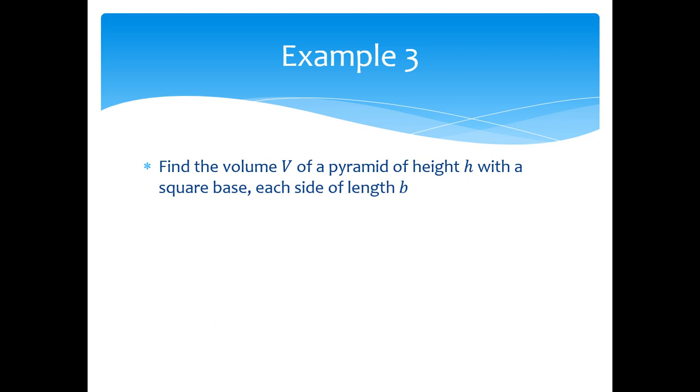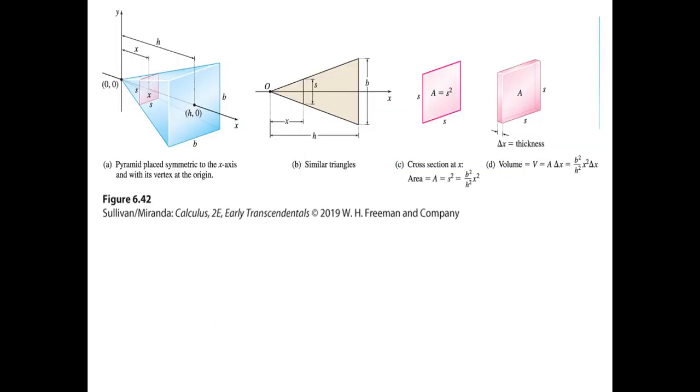So to find the volume V of a pyramid of height h with a square base of each side length b. So this is the shape we want to find its volume.